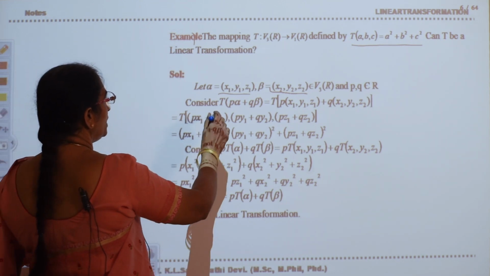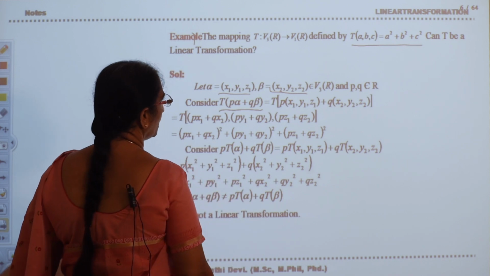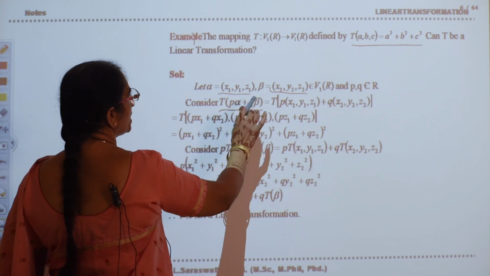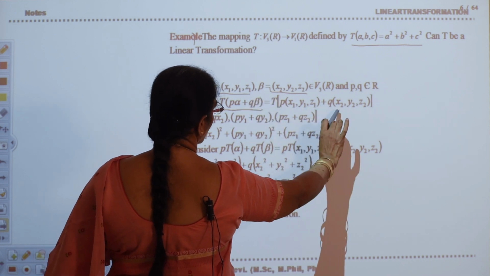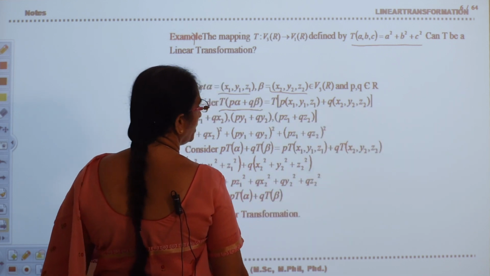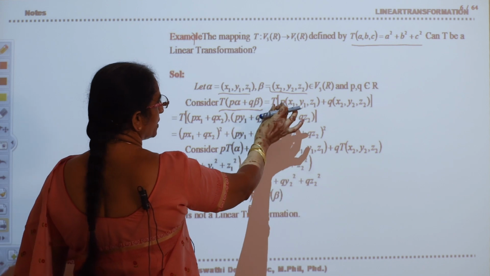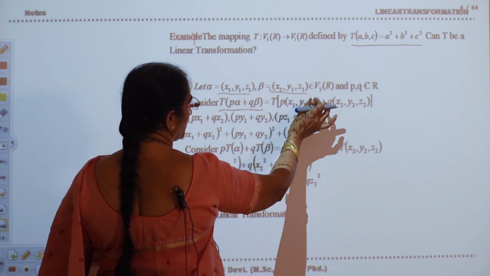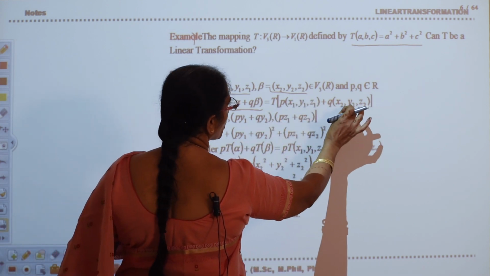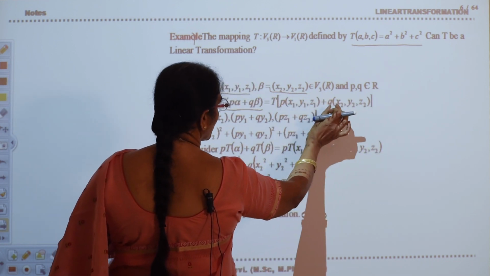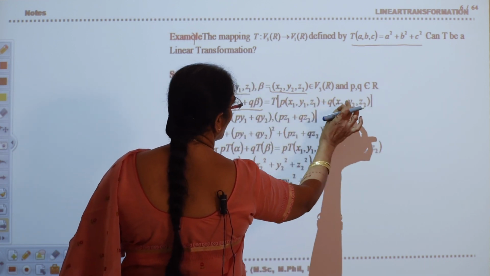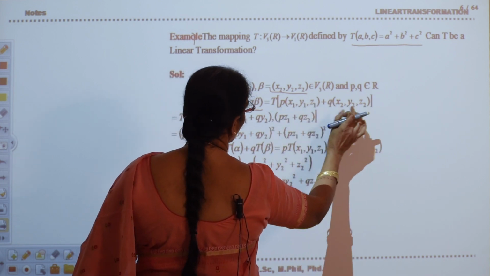Consider T of (p alpha plus q beta). Now p alpha means p into (x1, y1, z1) plus q into beta, that is (x2, y2, z2). If you scalar multiply, this will be (px1, py1, pz1) and (qx2, qy2, qz2). Now if you add, (px1 plus qx2, py1 plus qy2, pz1 plus qz2).